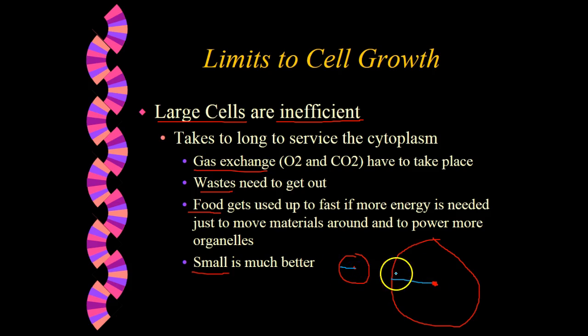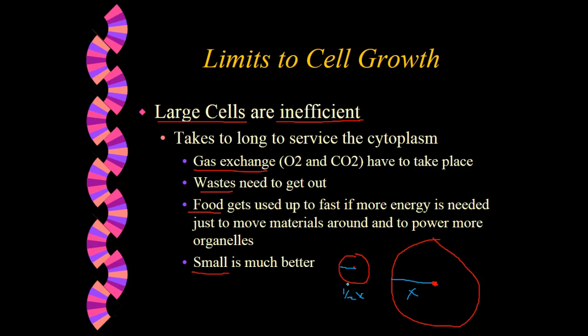If you were to measure these two lines, this is basically 1/2 x, if you want to put a variable on it, and this would be x. Okay? It's easier, and it takes half as much time to get food to that point. It takes half as much time in these two cases to get O2 to that point. It takes half as much time to get CO2 out and waste products out from that point.